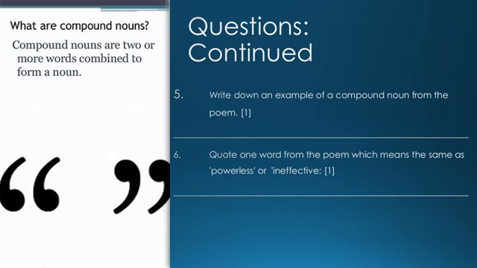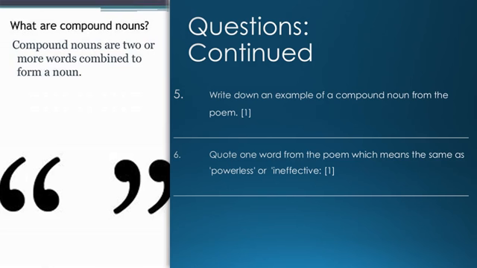Okay, then here we've got the rest of the questions. 5. Write down an example of a compound noun from the poem. Now you can see in the image next to that, I've put there, what are compound nouns? Compound nouns are two or more words combined to form a noun. An example would be butter and fly. They are two separate words, two separate nouns, but when we put them together, they make the word butterfly.